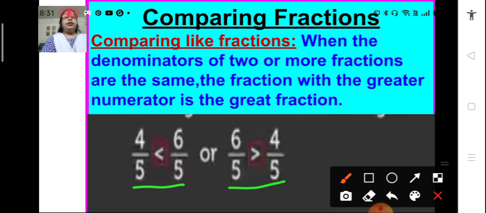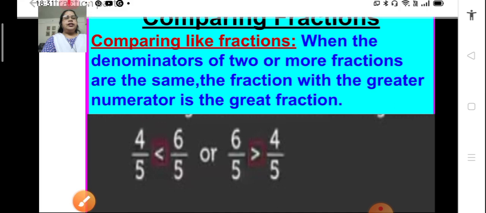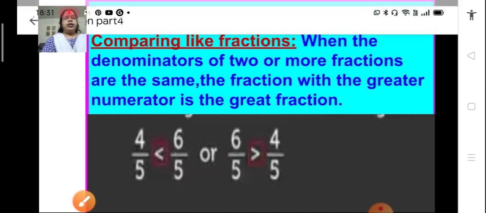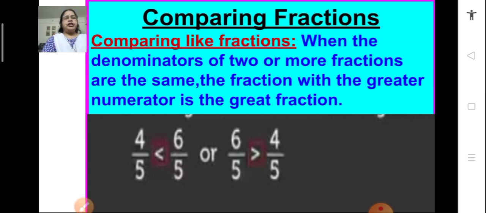So when we have two fractions with the same denominators, then the fraction with the greater numerator is the greater fraction. That means for like fractions, we have to compare the numerators. The one with the greater numerator is the greater fraction.